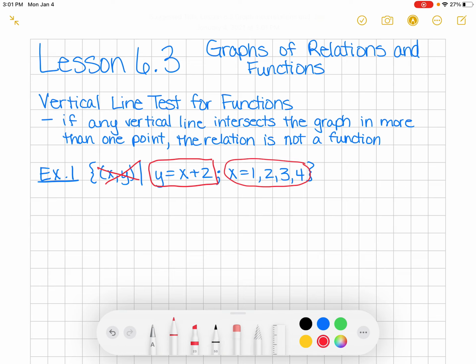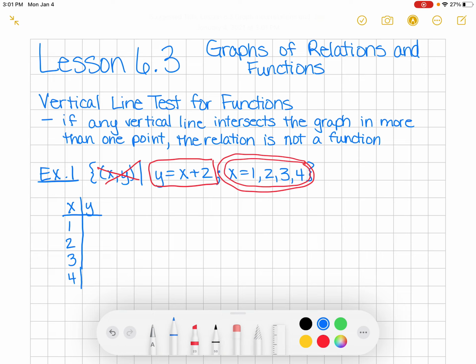So what you're going to do first is you're going to make a t-chart. Remember we talked about t-charts last lesson. We're going to put x and y. And now I know what my x's are. They're right here. I just circled them, right. So my x's are 1, 2, 3, 4. So over here I'm going to put 1, 2, 3, 4.